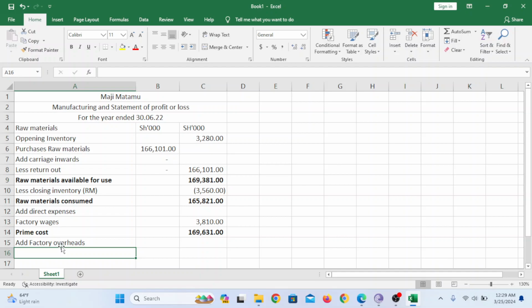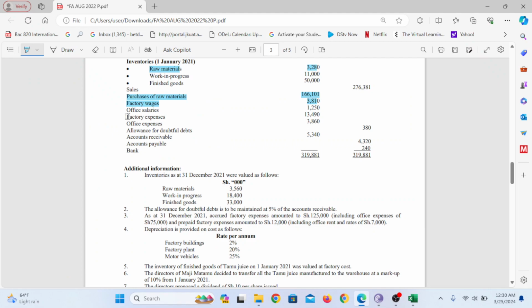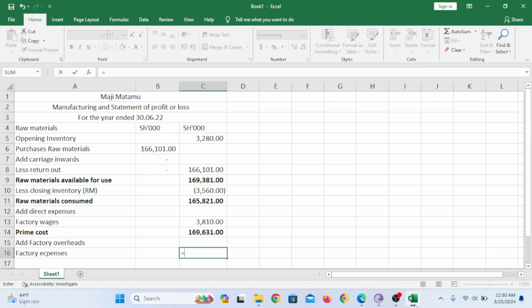The first thing there is the factory expense. So you check how much have we been given. So the factory expenditure here, that is 3860 first. So you bring here 3860.